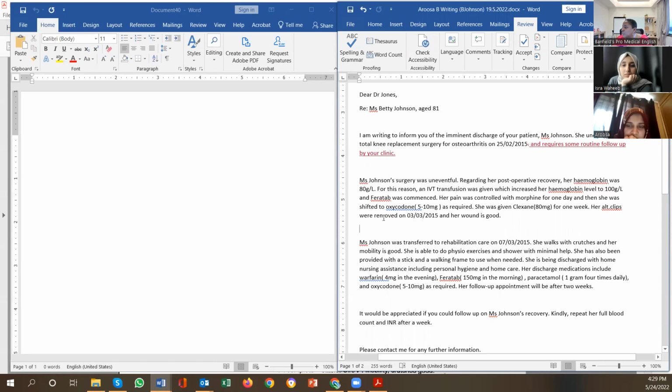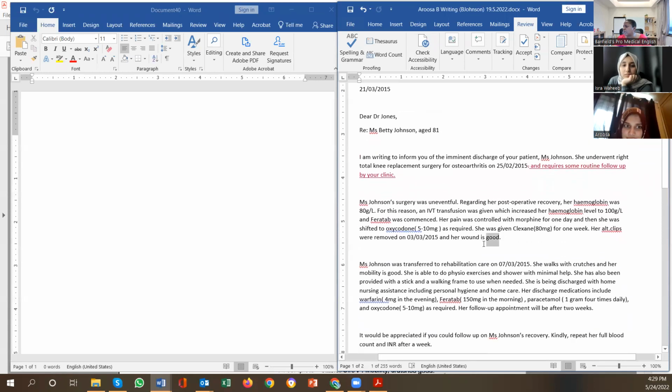So her ALT clips were removed and her wound is good, even better than good. This is the past, right? And her wound was in good condition. Or you can say, and her wound appeared healthy. That's a little bit more natural sounding.